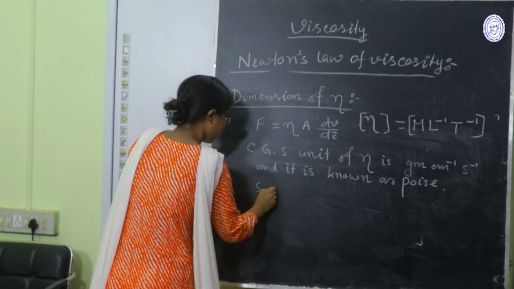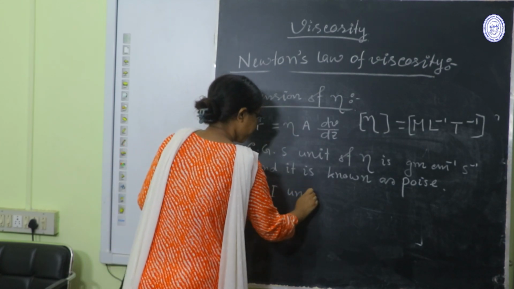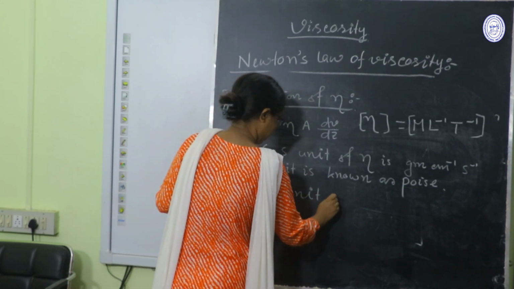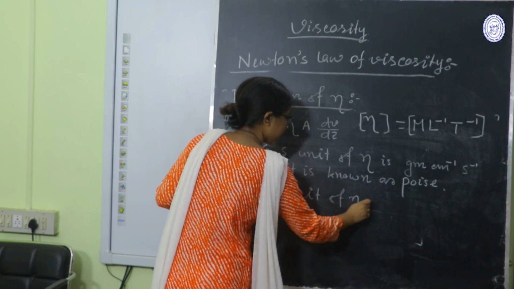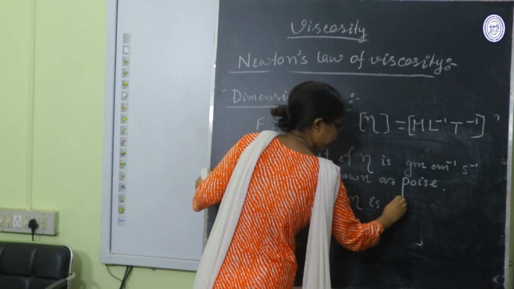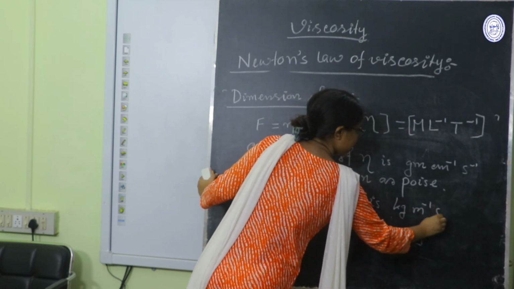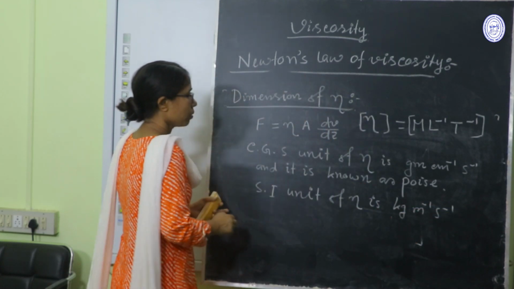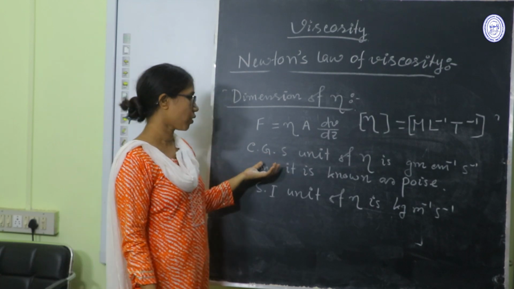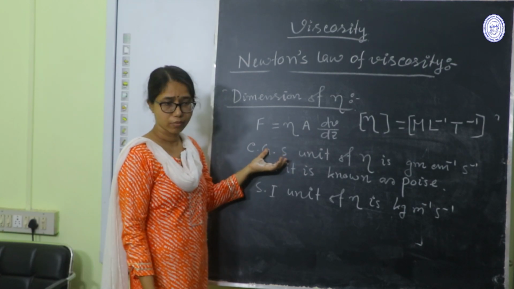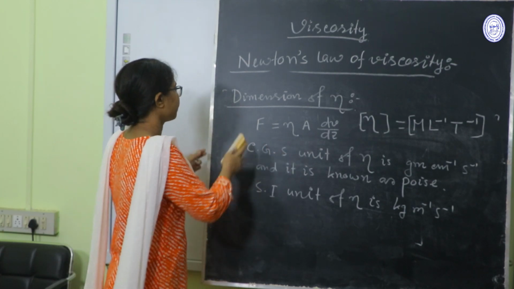And the SI unit of eta is kg meter inverse second inverse, but the CGS unit of the coefficient of viscosity is most popular.